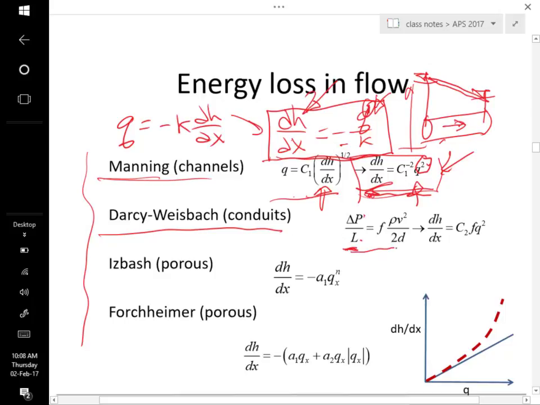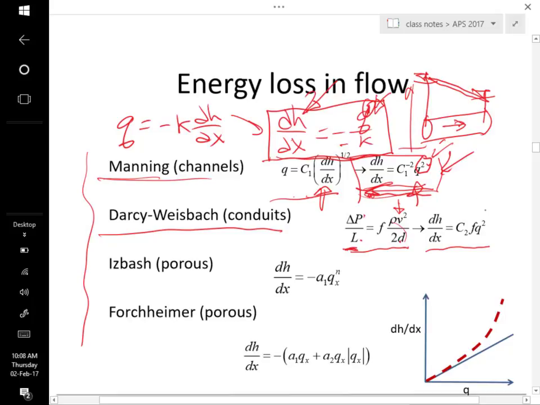And what it's equal to is, there's the velocity squared, just like we saw here. And then there's the diameter of the pipe. I wrote it here in a form that's similar to what I've been using.